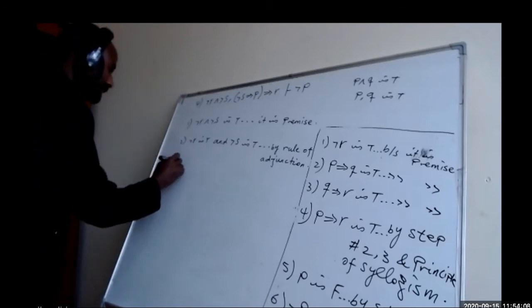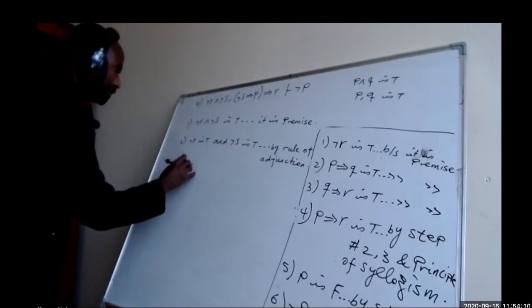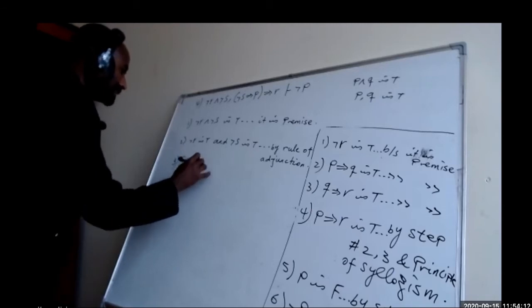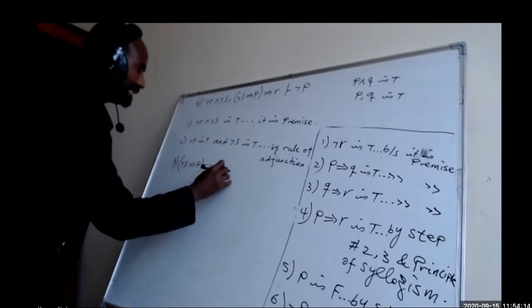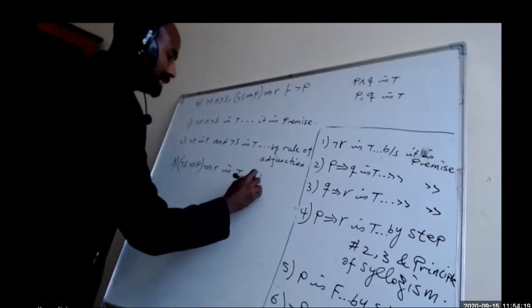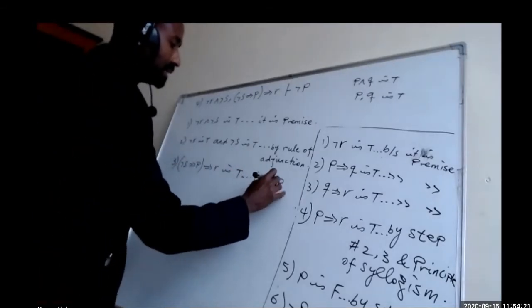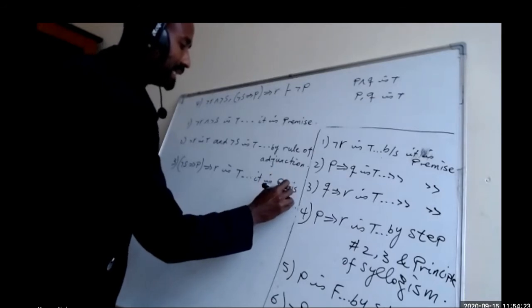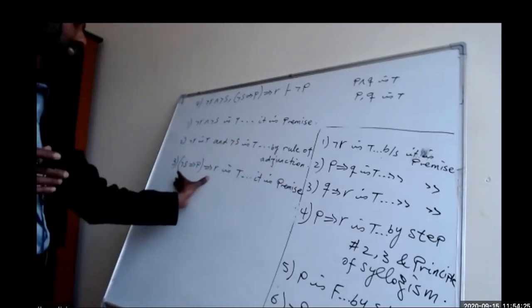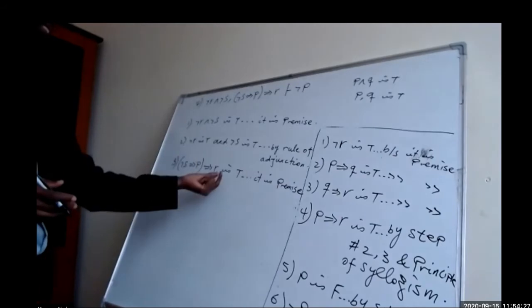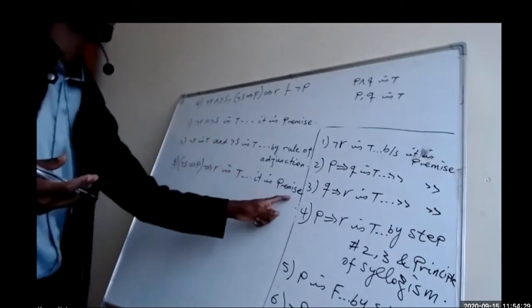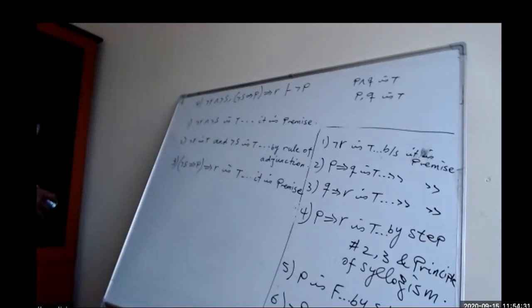The third step is negation of S implies P, which in turn implies R, and this is true because it is a premise. The reason for saying this compound proposition is true is that it is a premise.